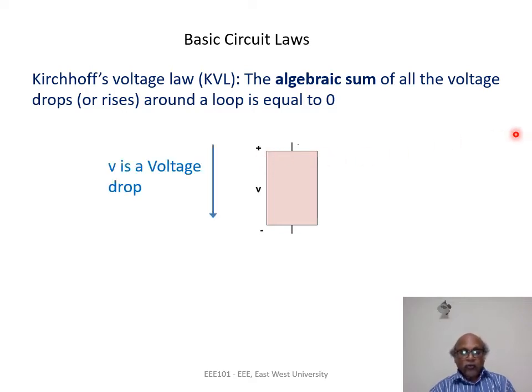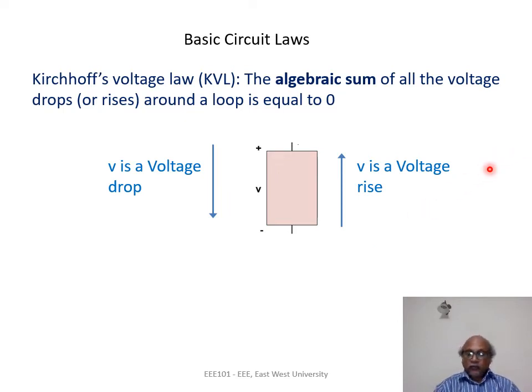So going downward, when we go from plus to minus, this is called a voltage drop. In the downward direction, V is a voltage drop. And in the upward direction, V is a voltage rise. The two are opposite; if one is positive, the other is negative.